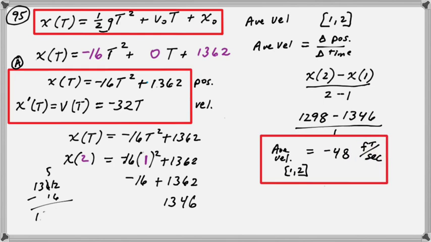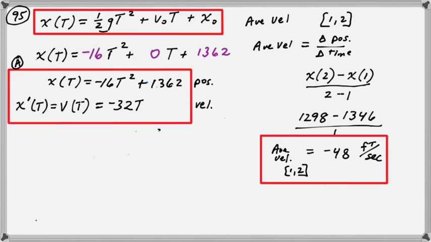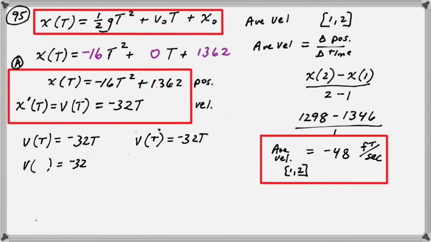Now we also have to find the instantaneous velocity. The instantaneous velocity, we're going to use our velocity formula, which in this problem is simply negative 32t. I want the velocity at the 2 endpoints. It wants the instantaneous velocity at time 1, and it wants the instantaneous velocity at time 2.